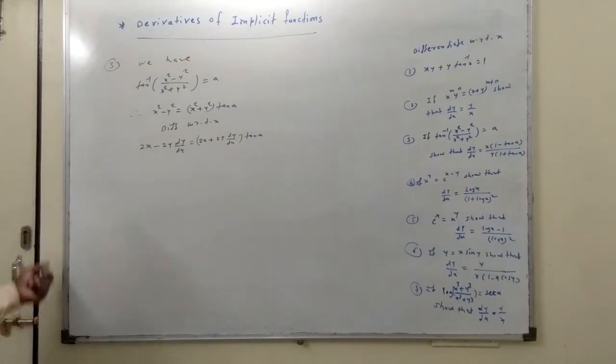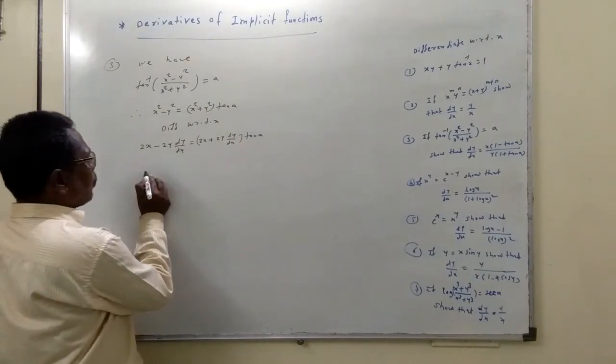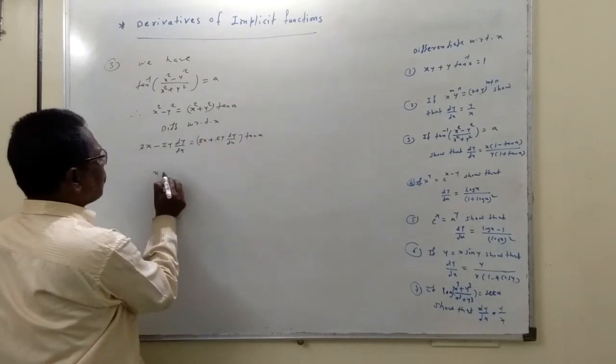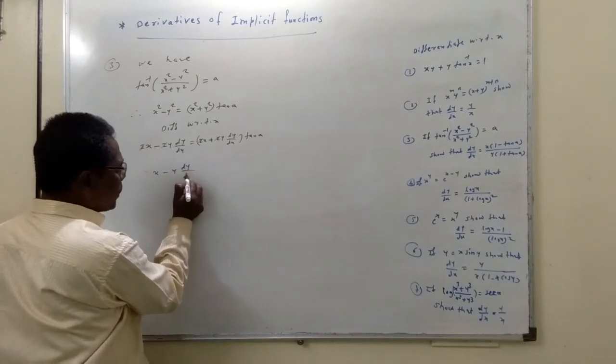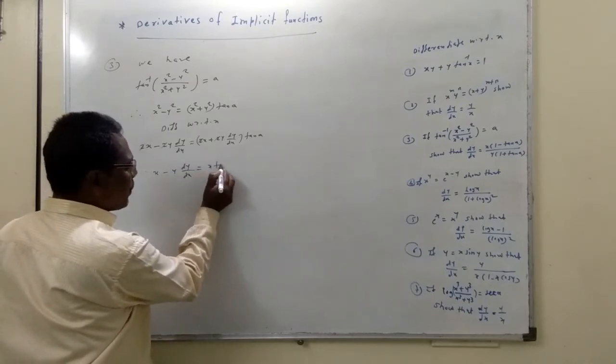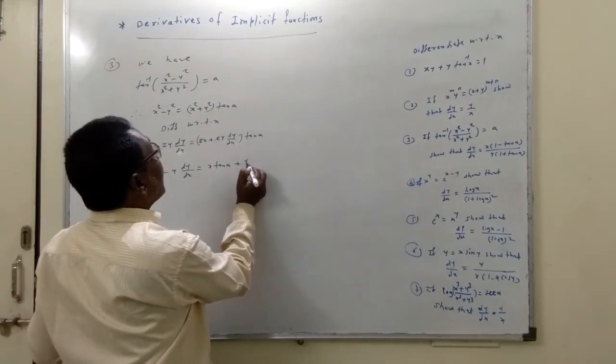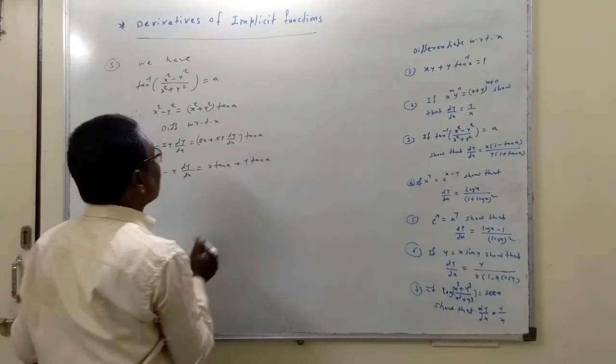Tan A is constant. So now 2 throughout gets cancelled. So x minus y dy by dx is equal to x tan A plus y tan A.